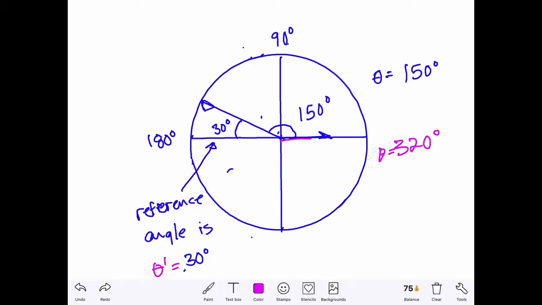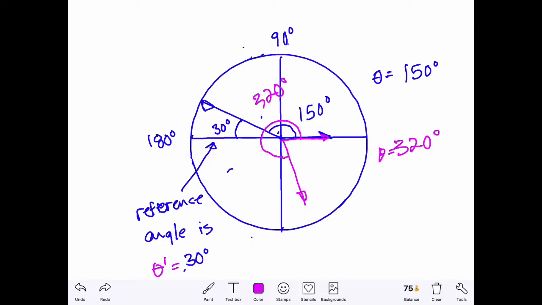Start with, again, your initial side. Let's rotate in a counterclockwise positive direction to 320 degrees. And now let's draw that terminal side. Okay, so this would be a 320 degree angle.